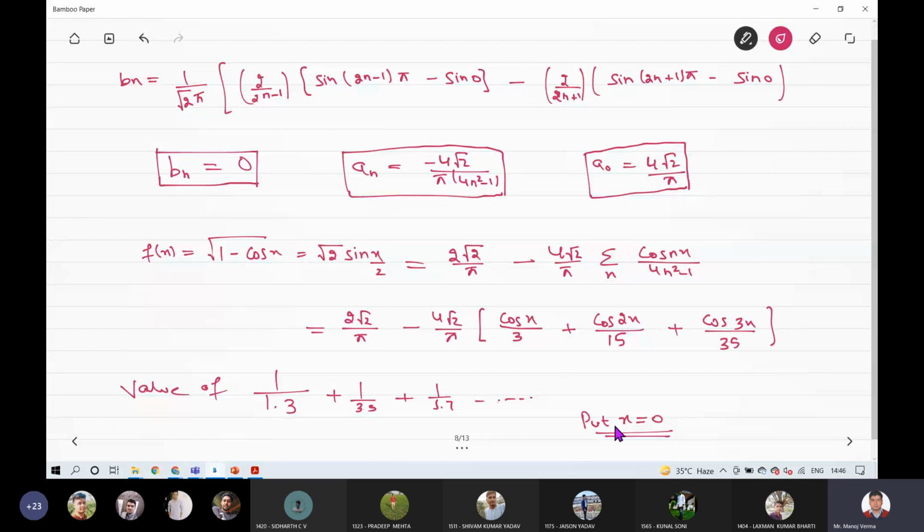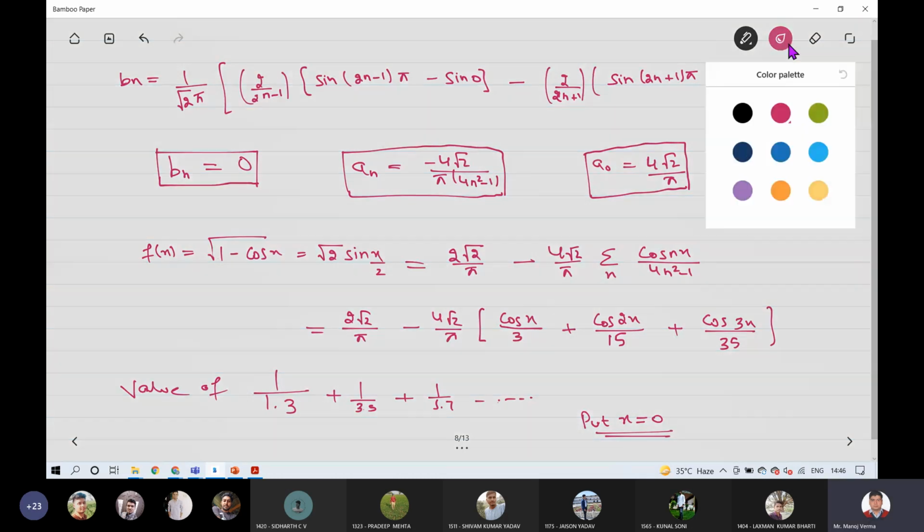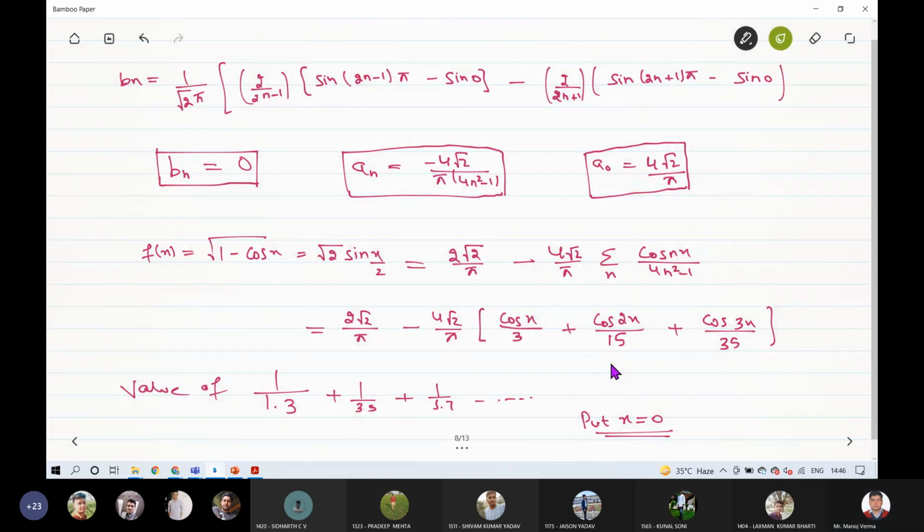And if I insert x equal to 0 in my left hand side, it will be 0. Okay, and it will be 2 root 2 over pi minus 4 root 2 over pi, and this whole series.